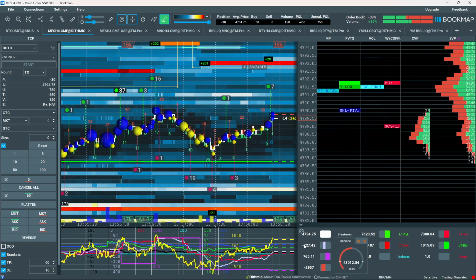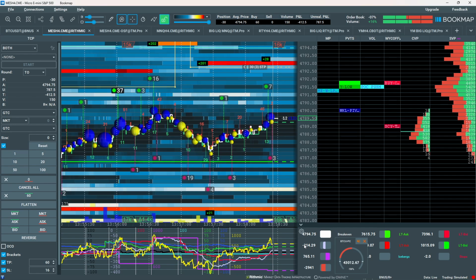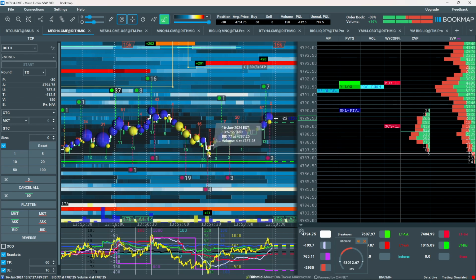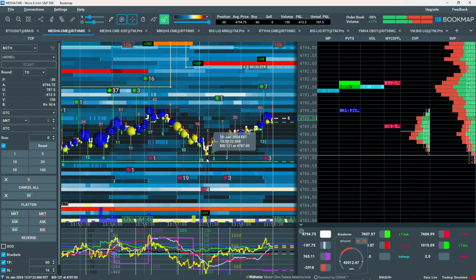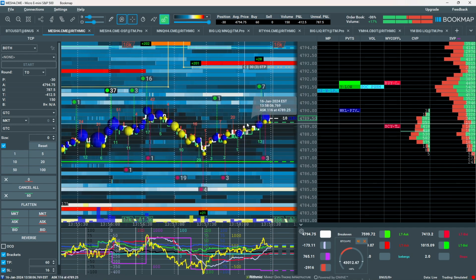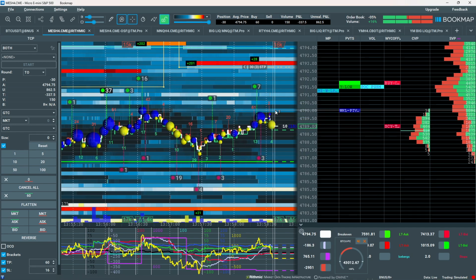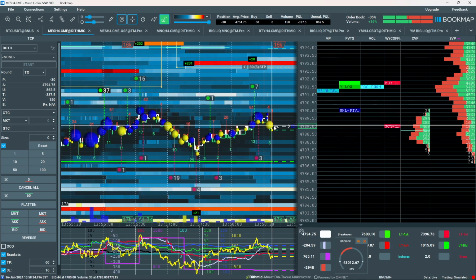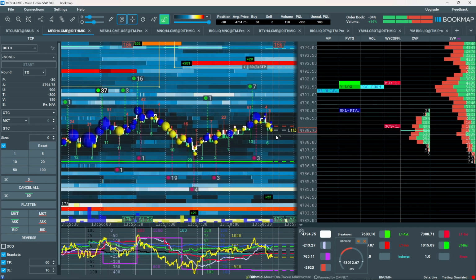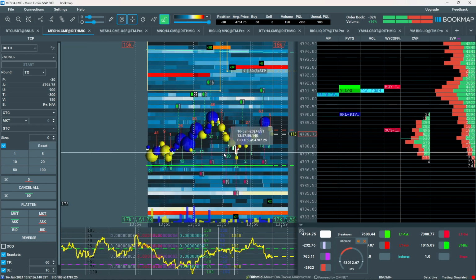I see right here we have selling exhaustion, and then a little bit of buying coming in. The buying is taking the price upwards, but let's see if sellers come back in and bring the price back down.